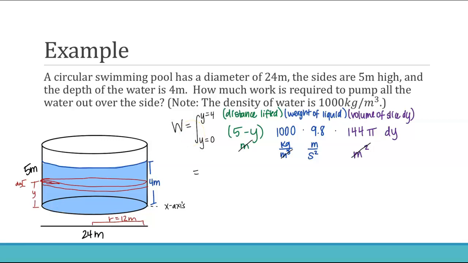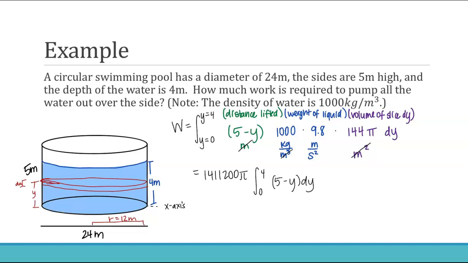If I multiply it all together and pull it out to the front, it's going to be a really big number. I'm going to go ahead and tell you that number is 1,411,200 pi. And then the integral from 0 to 4 of 5 minus y dy.